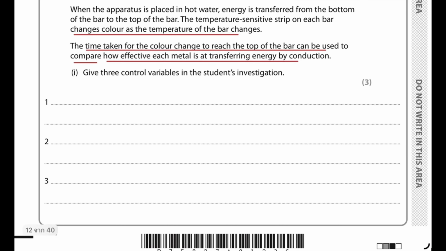Give 3 control variables in the student's investigation. Okay, first one is the same length. All bars with the same length.